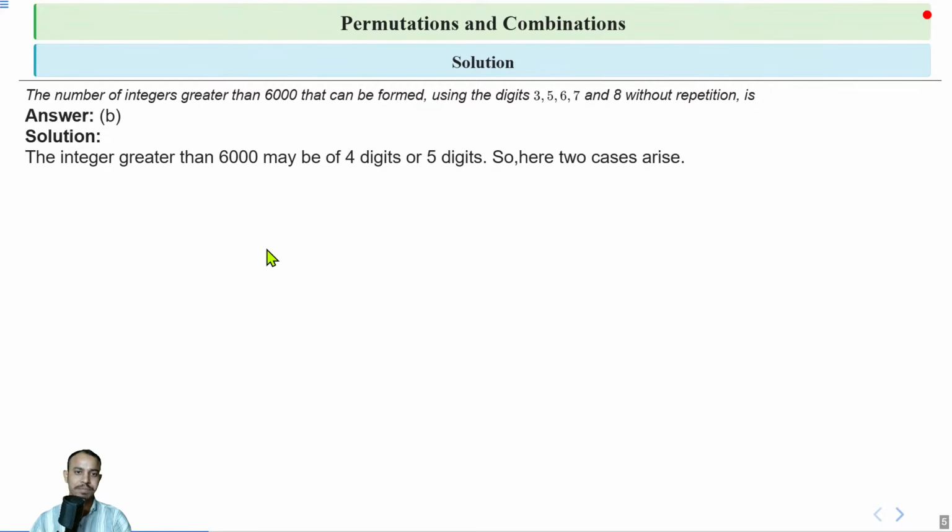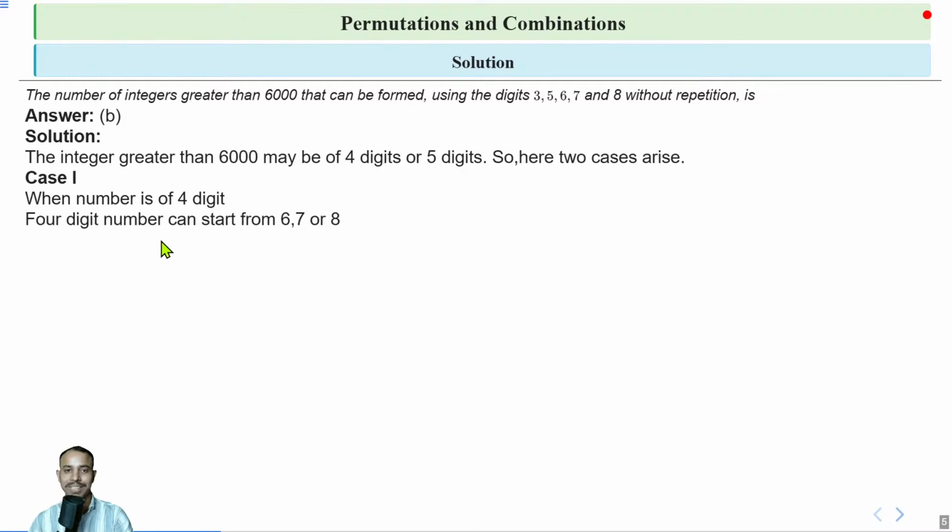Case 1, when the number is of 4 digits. So you can take a 4 digit number, that is our first case. A 4 digit number can start from 6, 7 or 8. So for the first digit of the 4 digit number, you have 3 choices: you may take 6 or 7 or 8.